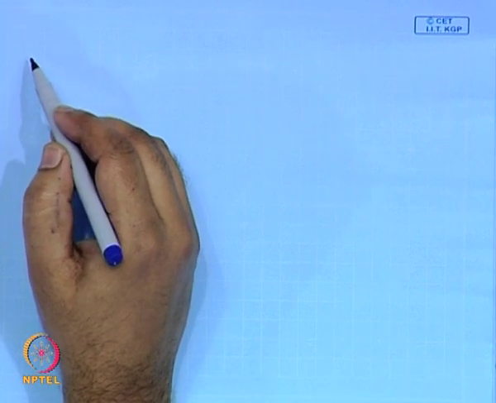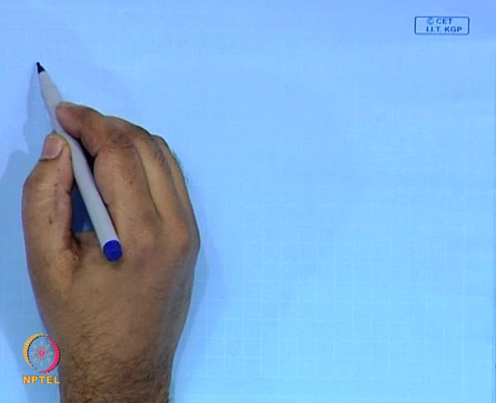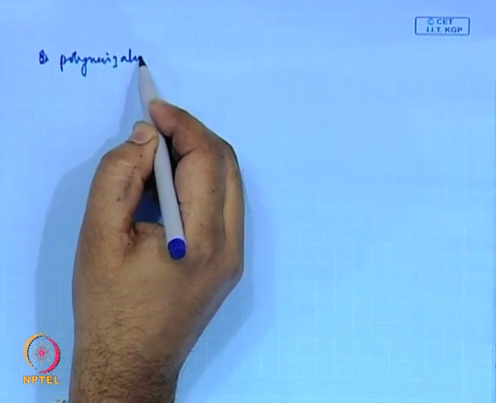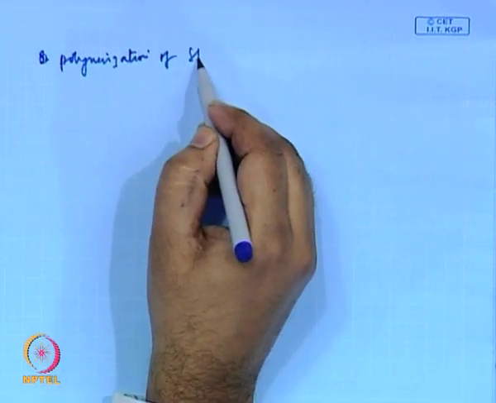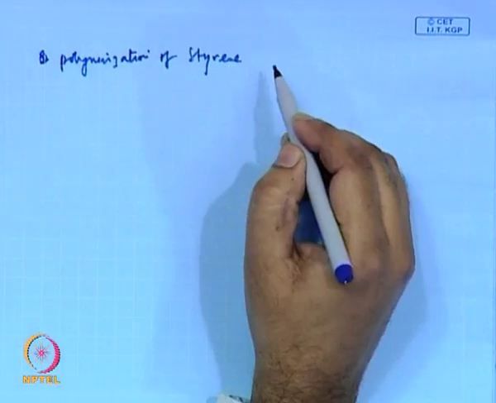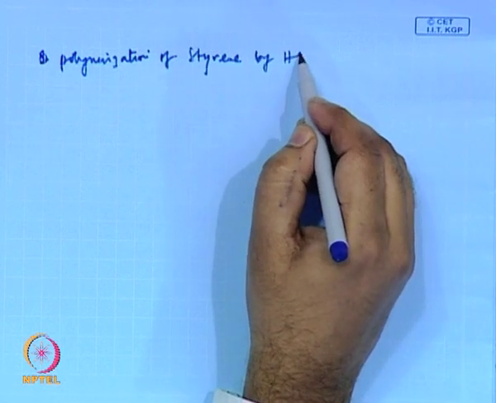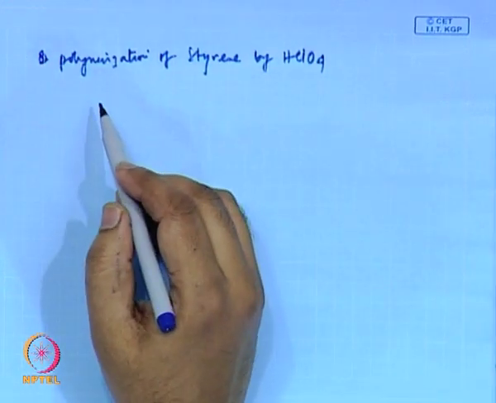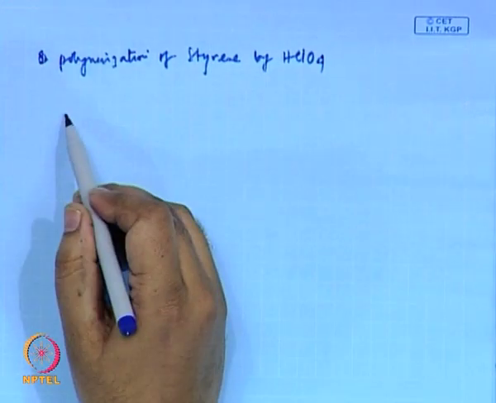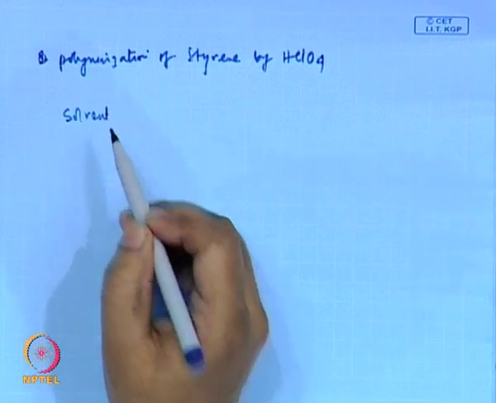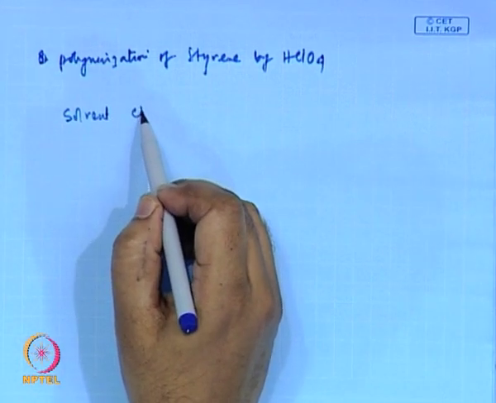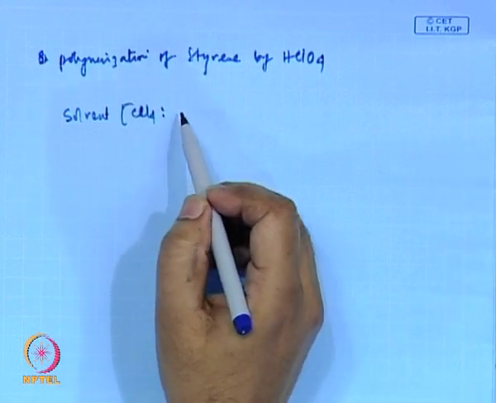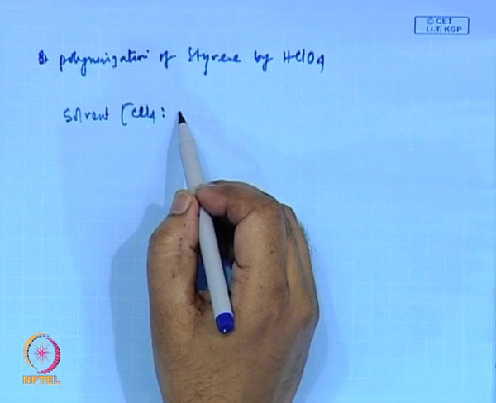Say let us take the example of polymerization of styrene by perchloric acid, HClO4. Now, the solvent is a mixture of CCl4 and ethylene dichloride.